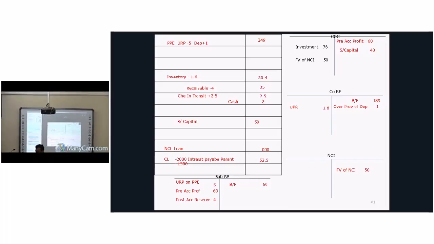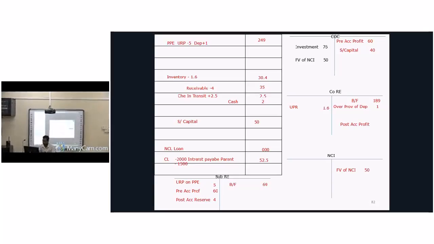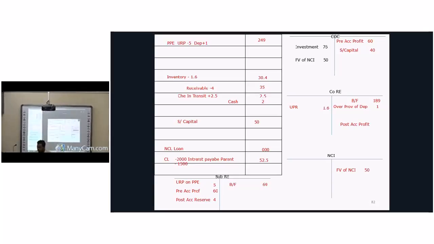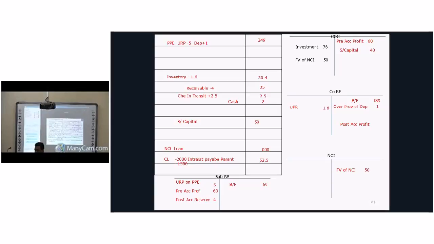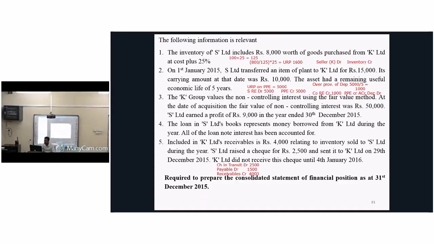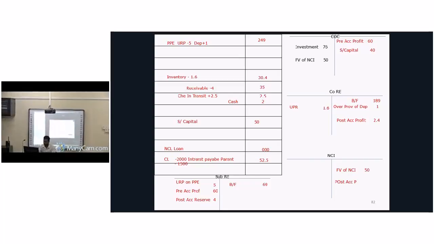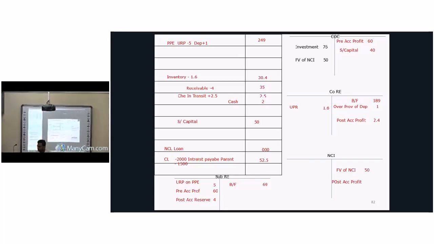Therefore, four into the acquisition percentage, which is 60%, yes, 60%, is 2.4, and here 1.6.